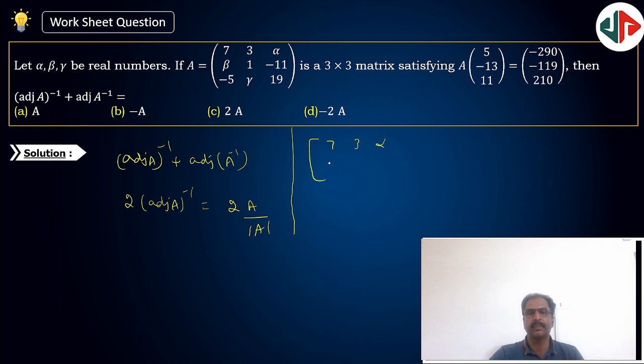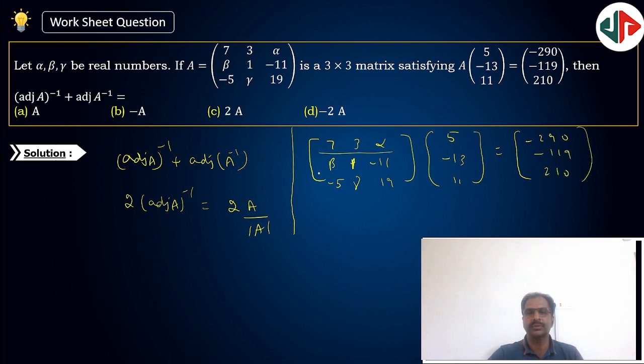Matrix A into [5 minus 13 11] is given as [minus 290 minus 119 210].